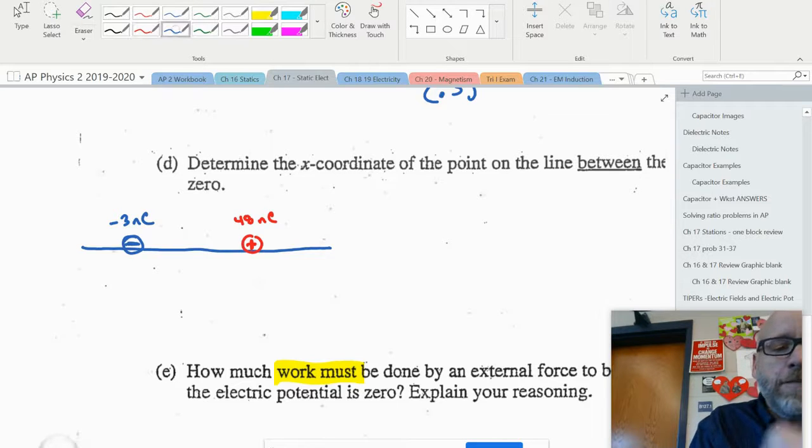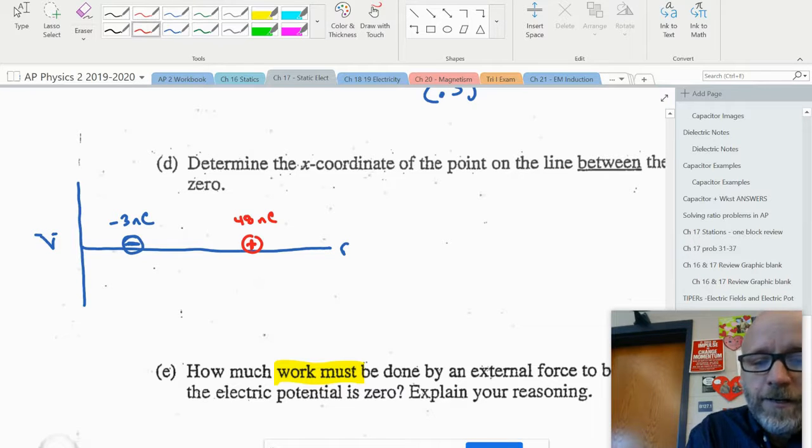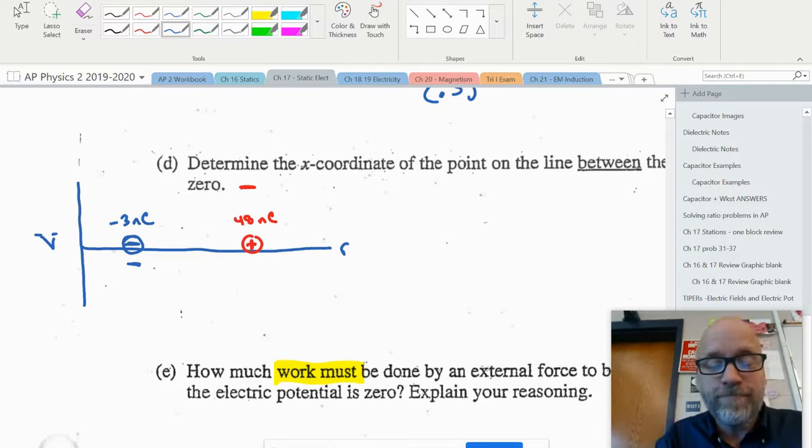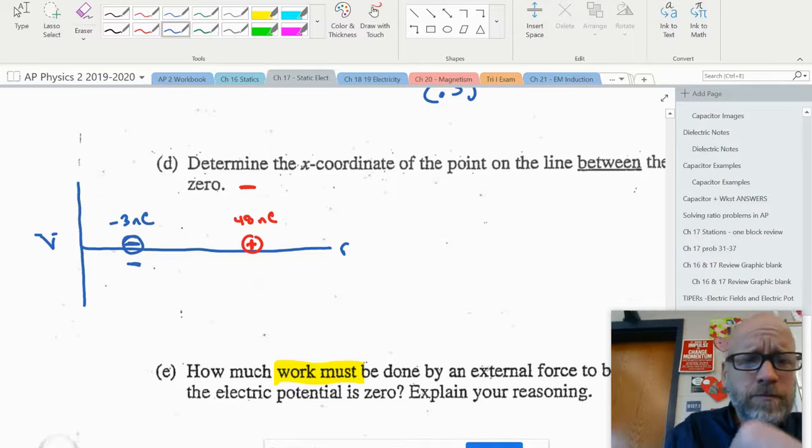And if I were graphing voltage, I always try to visualize this as a graph. My 48 newton per coulomb, as we got closer, it would actually start to go up to infinity. But because it's not an exact point charge, I usually will draw a little plateau there. The minus 3, that potential is not going to be as negative because it's smaller.